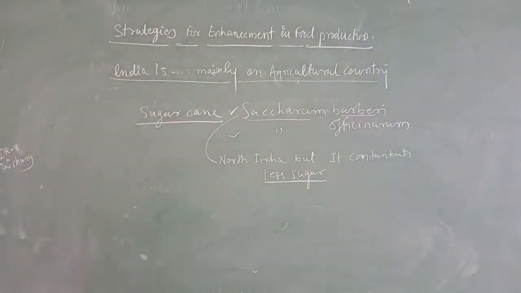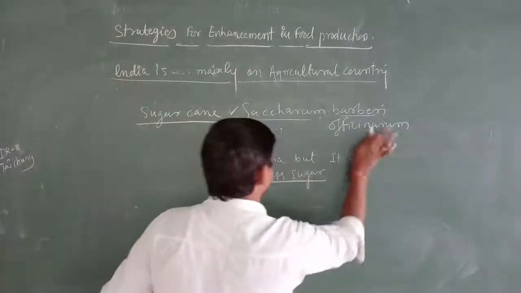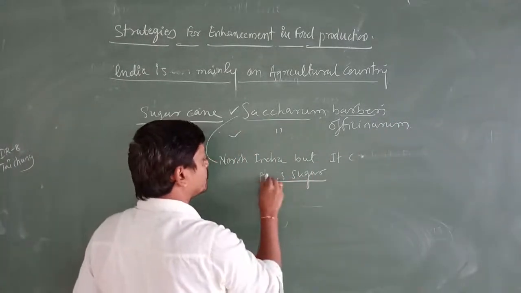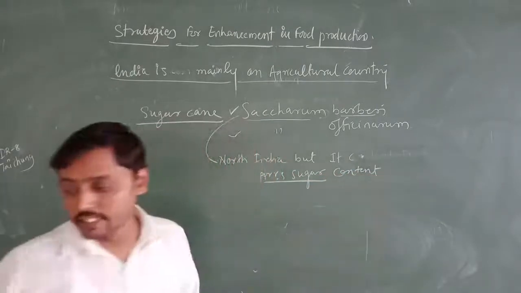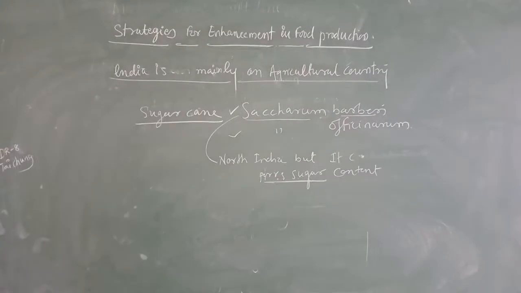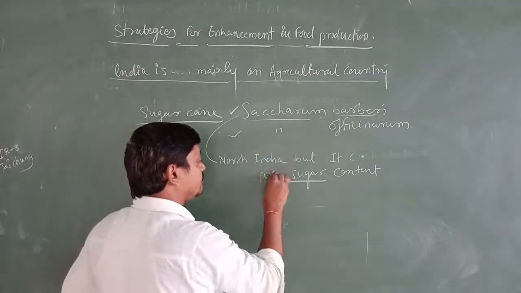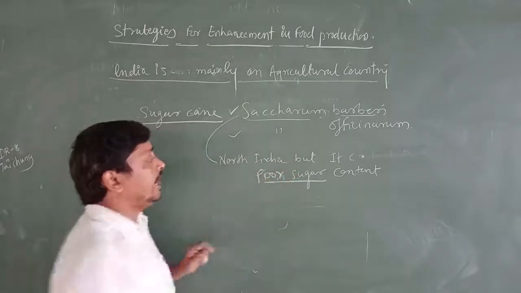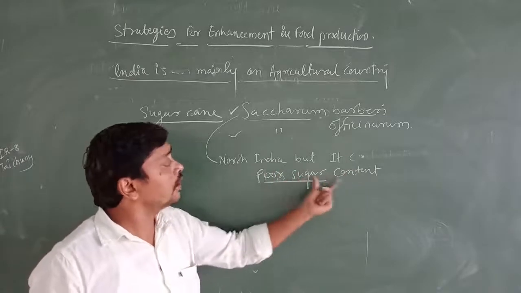Saccharum barberi grows in North India, but it is poor in sugar content. Now it grows in North India and it contains poor sugar content.